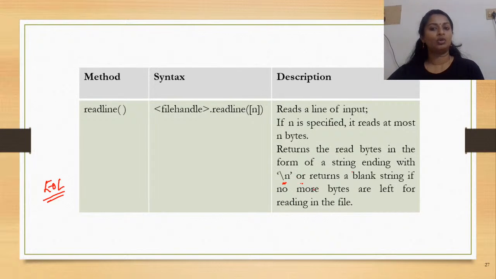Or it would return a blank string if no more bytes are left for reading in the file. That means you have come to the end of the file, or it returns a blank string if nothing is left in your file. That means you have come to the end. Is the idea clear?